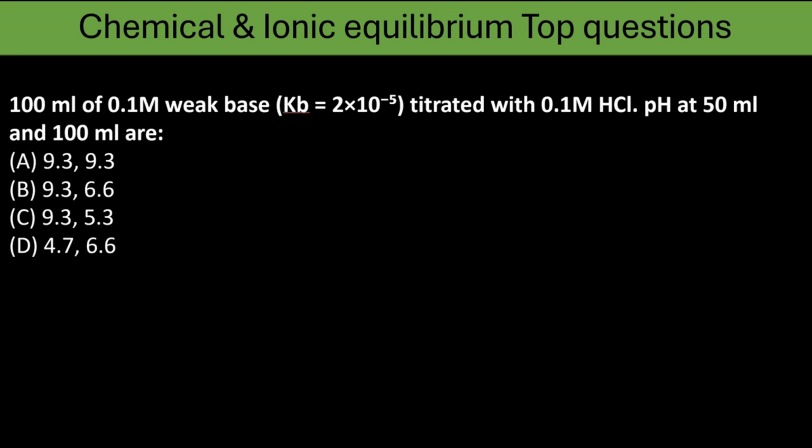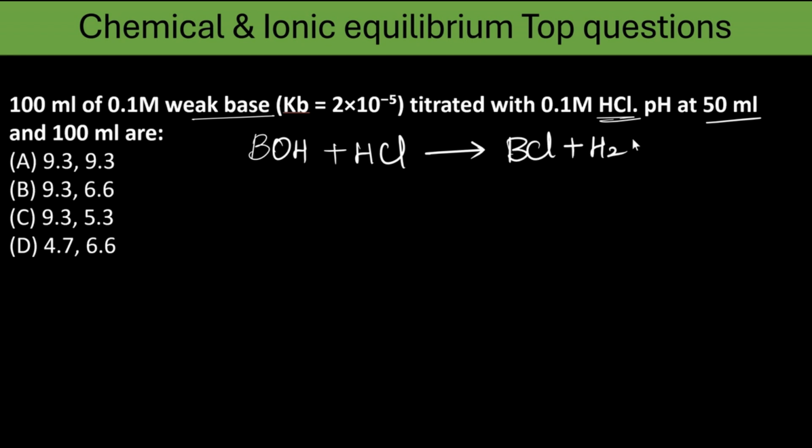100 ml of 0.1 molar weak base titrated with 0.1 molar HCl. The pH at 50 ml and 100 ml are asked. First, 50 ml of HCl. Let's calculate for 50 ml. What is happening is that a weak base, let's say BOH, treated with HCl gives BCl plus H2O.